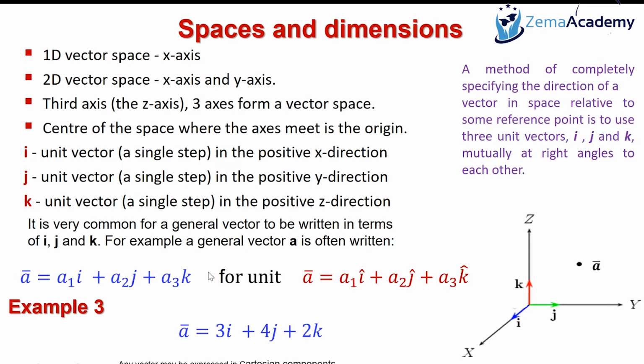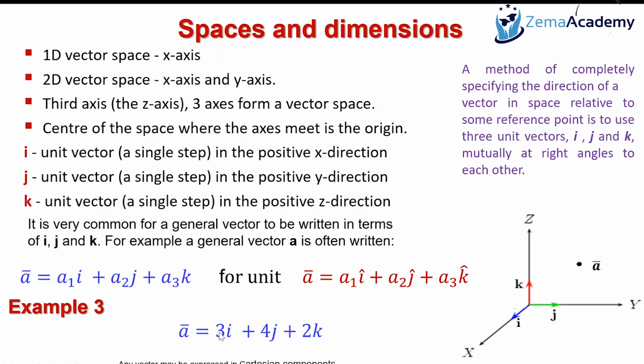Now, for example, you can specify a vector by giving the coefficients or the directional component values. In this case, you can see that I have specified the values of the directional components: A1 is 3, A2 is 4, and A3 is 2k.